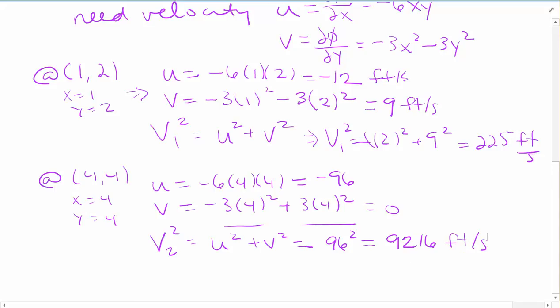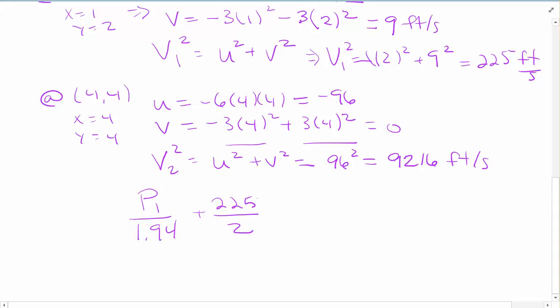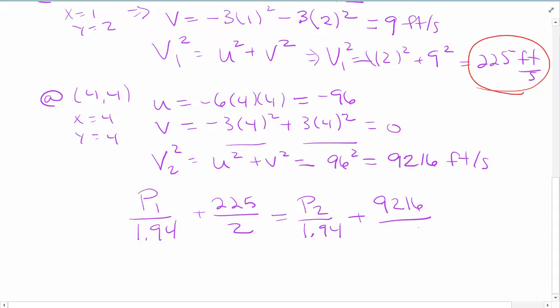Now we can take those velocities and plug them into Bernoulli's equation, and then we'll be able to get what we need. So we've got our P1 over density. Density will be 1.94 for water, plus V1 squared over 2, and that's got to equal the pressure at point 2 over density, which is 1.94, plus V2 squared, which is 9216 over 2.